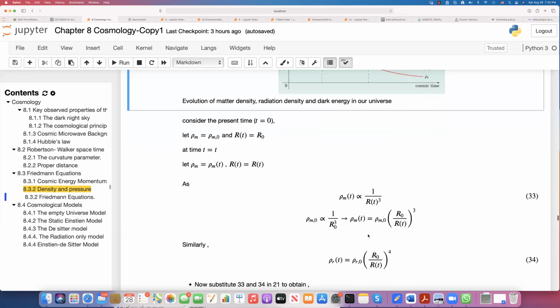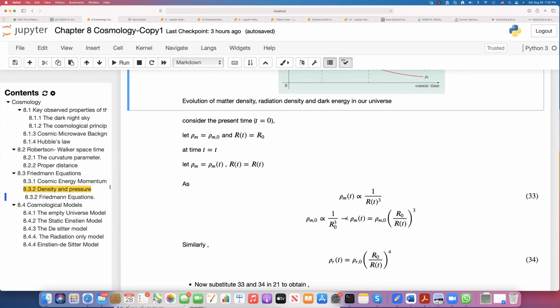And similarly, you can do the same thing for the radiation density, rho_r(t). So that is the radiation density right now, and then the rest of the part as a function of the scaling factor now divided by the scaling factor as a function of time, to the fourth power of the whole thing, right? So you can write it in this way.